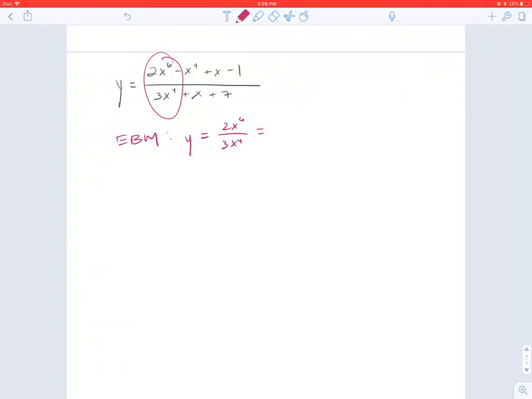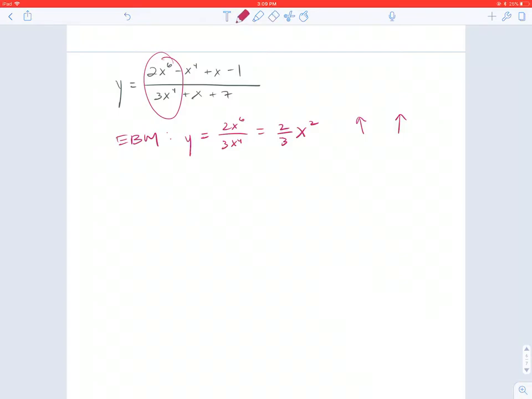Okay, when we simplify that, we get 2/3 x squared. Well, think about end behavior of 2/3 x squared. It's both ends up, right? So the limit as x approaches positive infinity of this guy will be positive infinity. And limit as x approaches negative infinity would also be positive infinity.